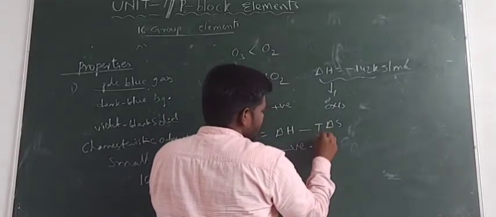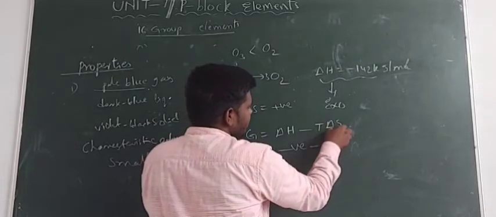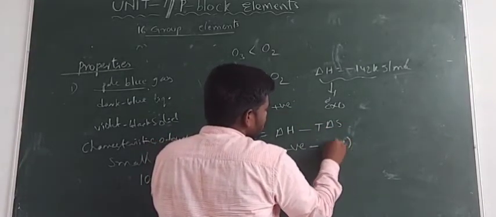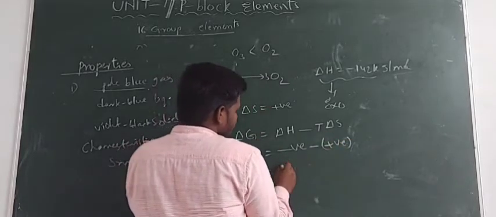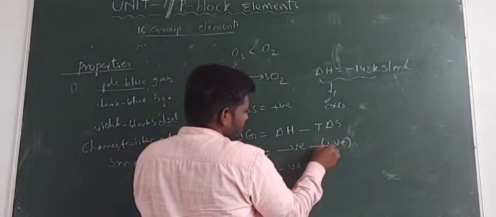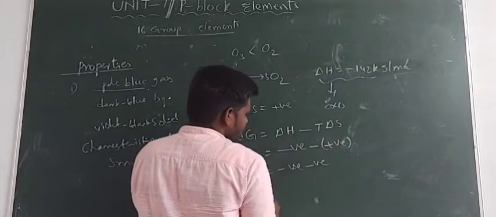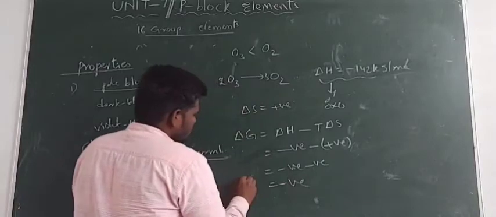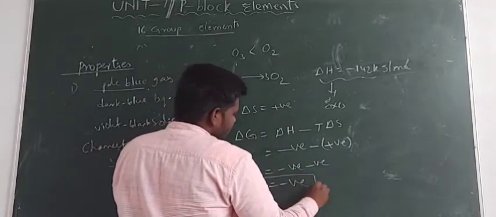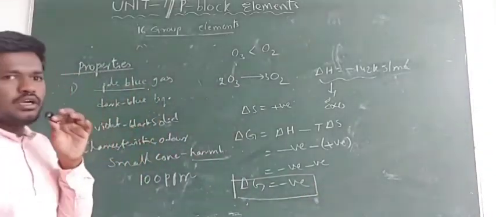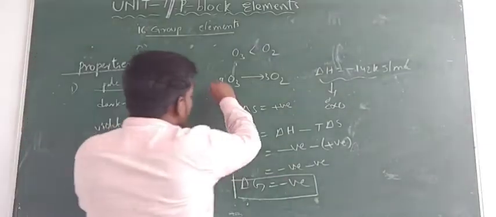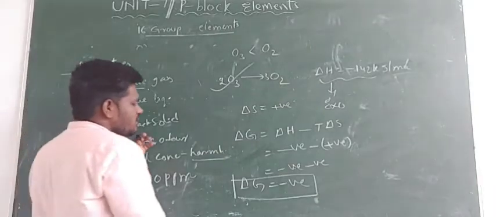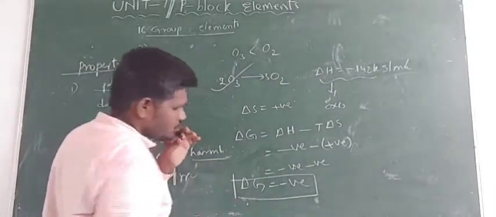Minus T, which is a positive term, and delta S, which is also a positive term, so finally you get a positive value. Negative value and negative value produce a negative value. So for this reaction delta G is negative. It means this is a spontaneous reaction, a highly spontaneous reaction, because the change in Gibbs free energy is negative.